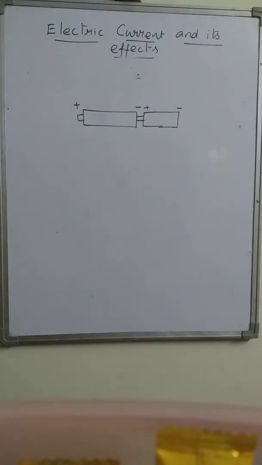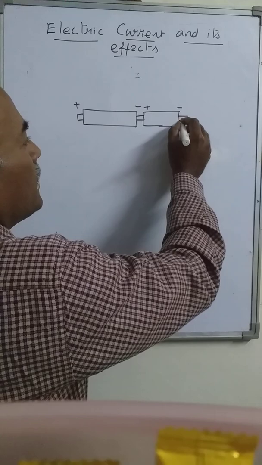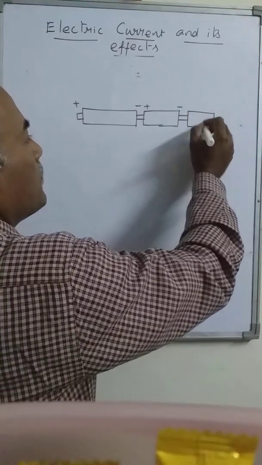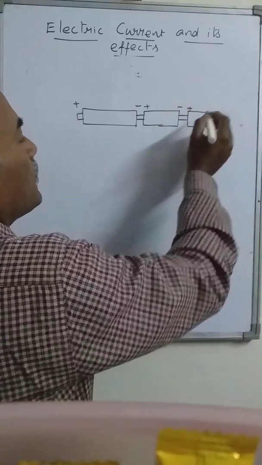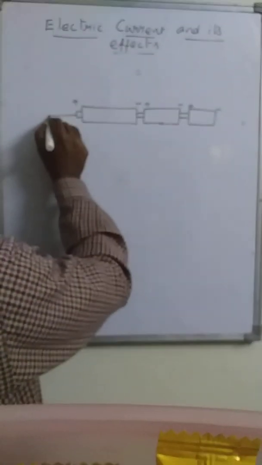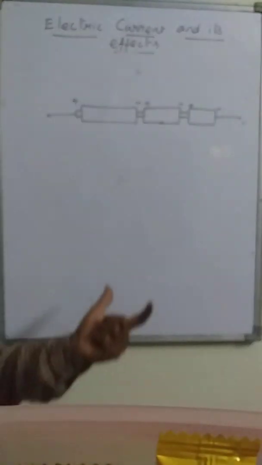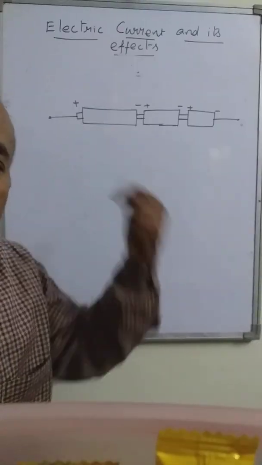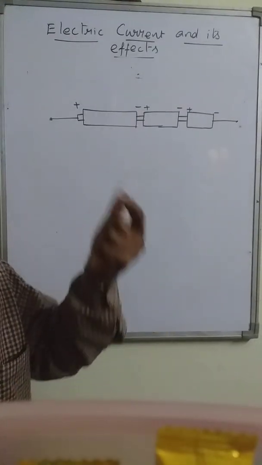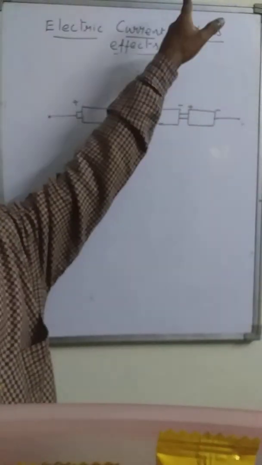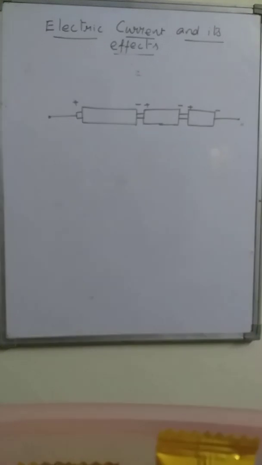Then if we connect one more cell, again it is positive, negative. At last we will have one positive end free and a negative end free. This makes the battery, and the current can flow if the two terminals are connected across any components.